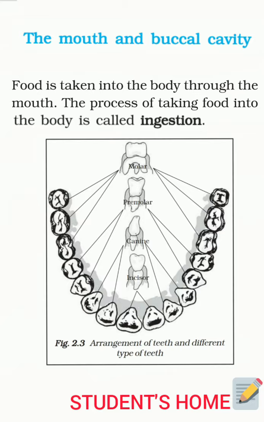We chew the food with the teeth and break it down mechanically into small pieces. Each tooth is rooted into a separate socket in the gums. Our teeth vary in appearance and perform different functions. The different types of teeth humans have are incisor, canine, premolar, and molar.